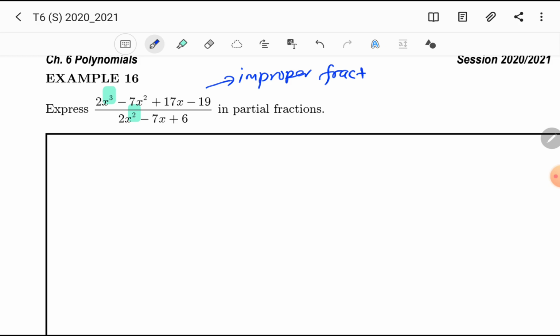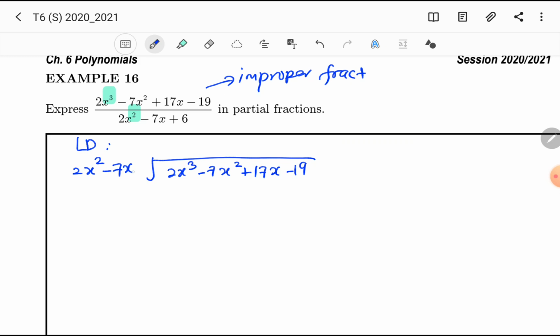Okay, for improper fraction, saya kena buat apa? Tak boleh partial fraction terus. Saya kena long division. Very good. So, for long division, kita akan dapat, okay, 2x cubed minus 7x squared plus 17x minus 19 divide by 2x squared minus 7x plus 6.